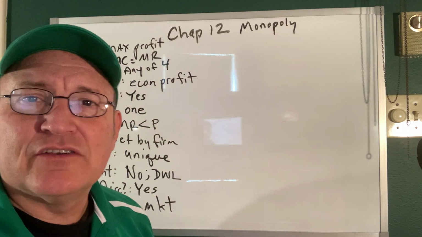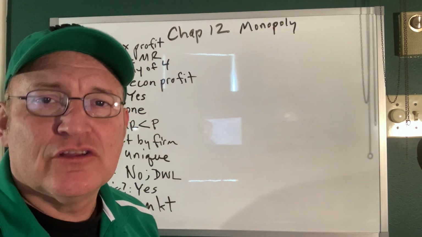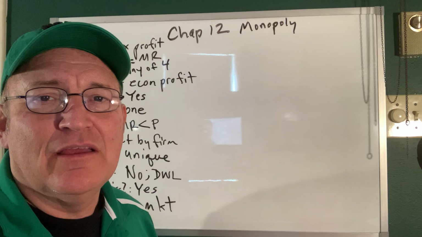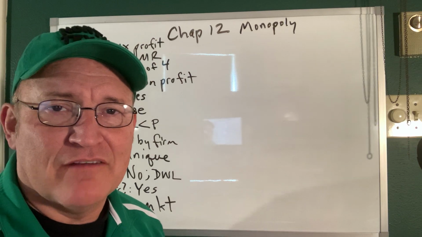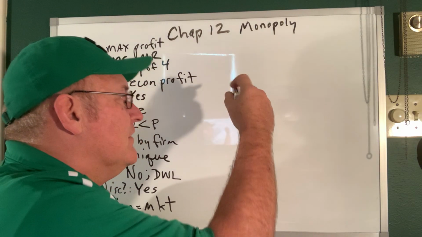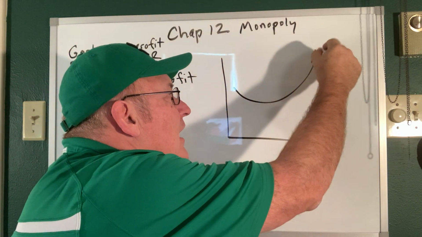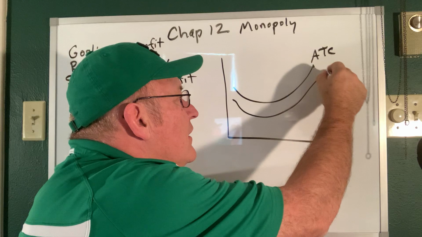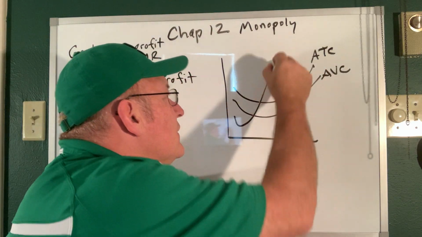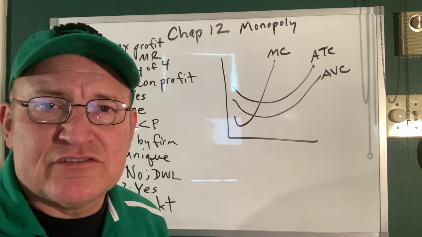Short-run cost structure looks exactly like it did in the previous market structure, the perfectly competitive market structure. So if I draw a picture of cost, I have average total cost, average variable cost, marginal cost. So there's my cost structure.